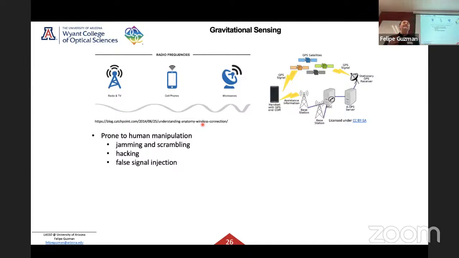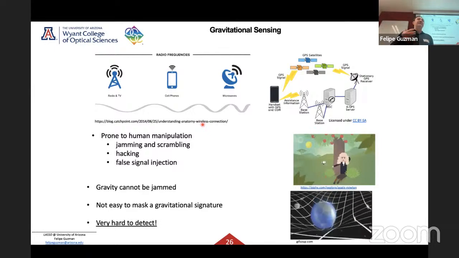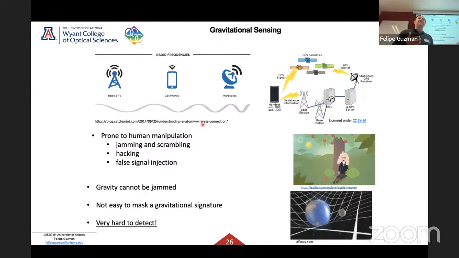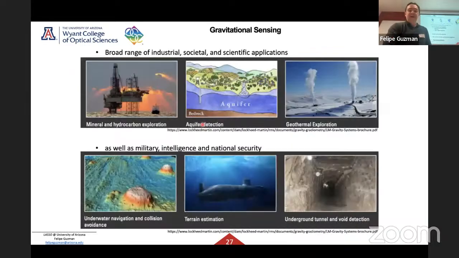that gravitational sensing helps us identify also where we are and where we're going. So right now we rely on our GPS sensors to tell us where to go if we're moving somewhere. But we know that these signals can be jammed. However, gravity cannot be jammed. If we have good enough sensors, we can actually tell where we're going just by looking at the changes in gravitational acceleration.